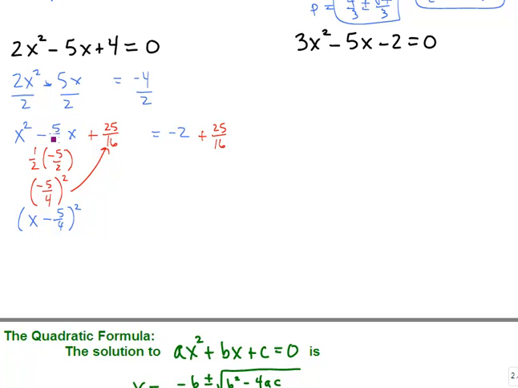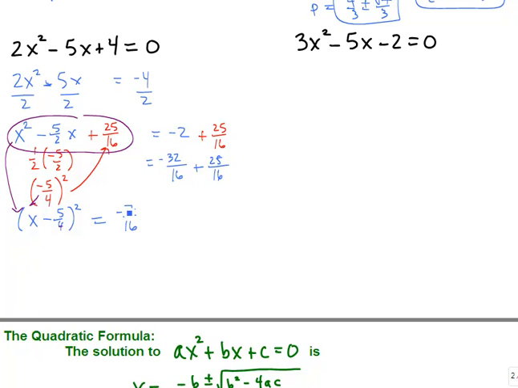So now these three terms factor into the quantity x minus 5/4 squared, but we're going to get a new term on the right-hand side, and again I'm going to need a common denominator of 16. So the second fraction is fine, but negative 2 is the same as negative 32/16, since 16 times 2 is 32. Negative 32 plus 25 is negative 7/16.